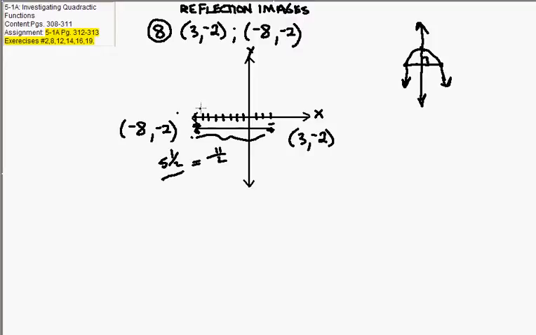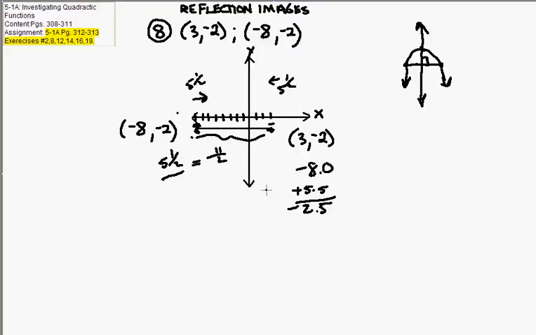Alright, so if I go 5.5 units this way, or if I go 5.5 units this way, I should wind up getting the middle. So if I go negative 8 plus 5.5, that's going to be negative 2.5.